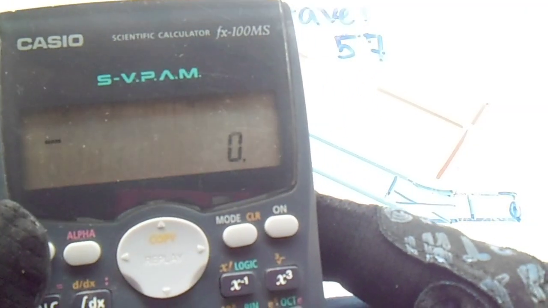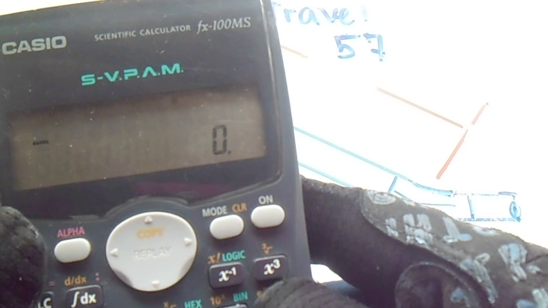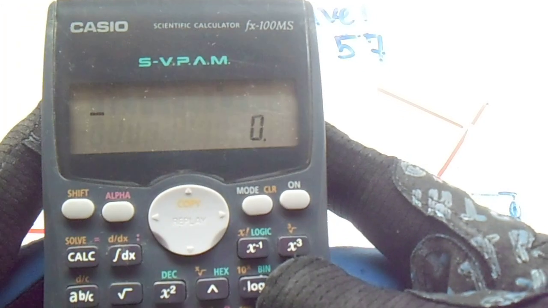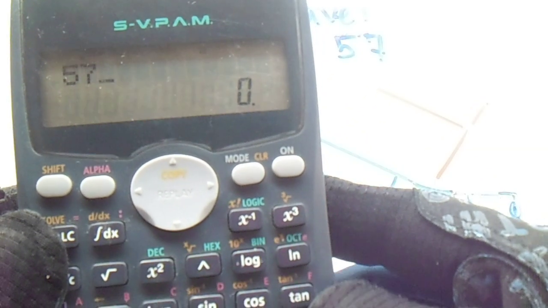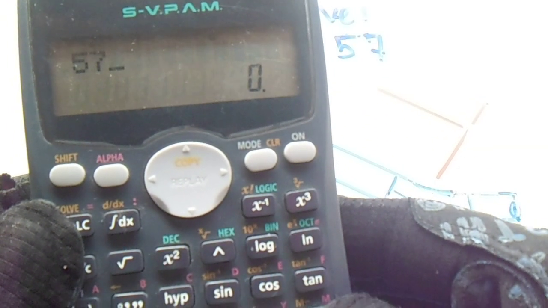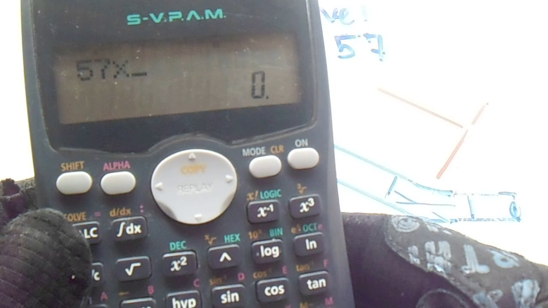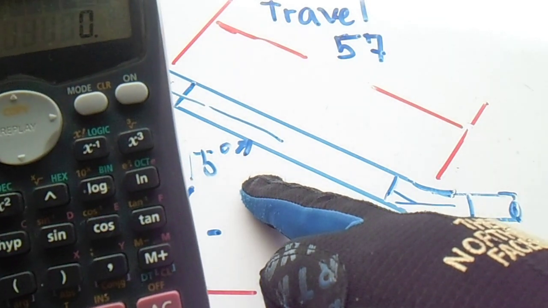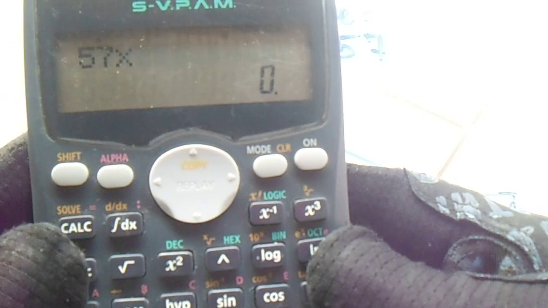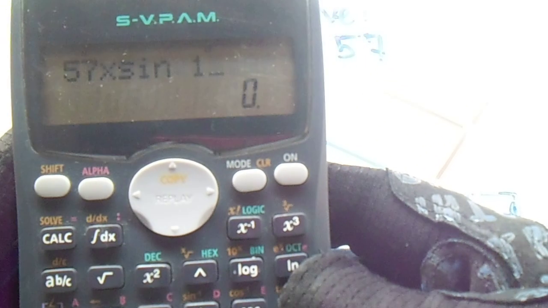Okay, just multiply the 57 and multiply it to sine 15 degrees. Okay, sine 15.